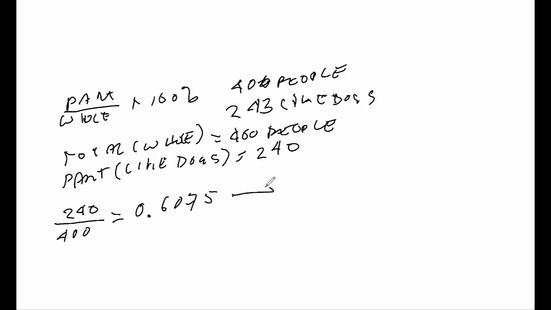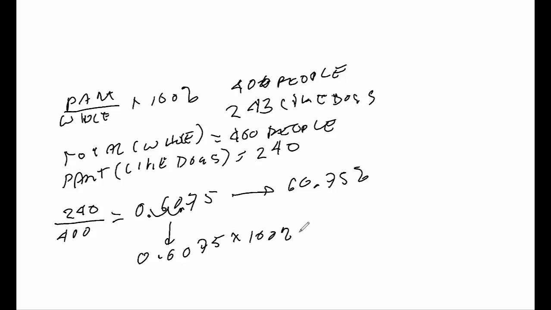So we can move the decimal point over 2 places and put on the percent sign, or we can multiply times 100%, and we get 60.75%.